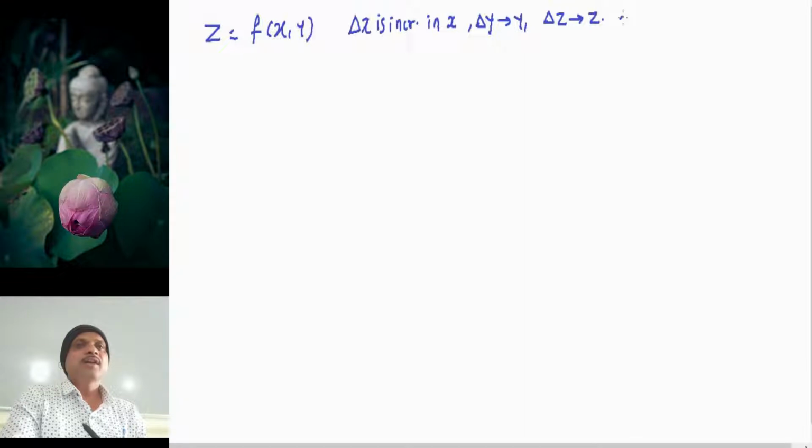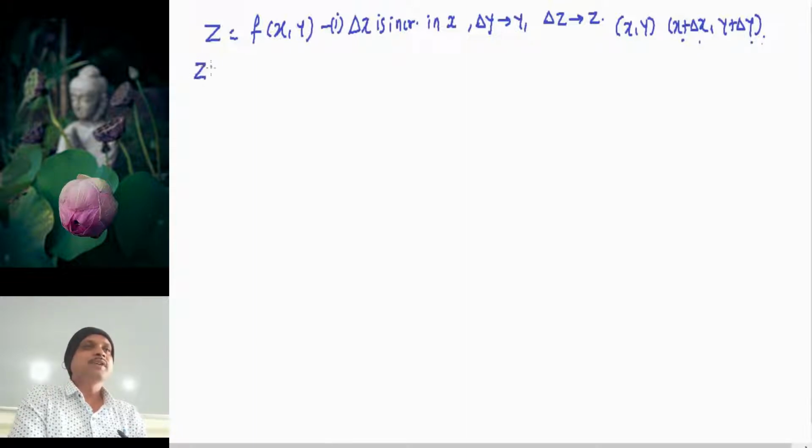So we are considering two neighboring points, x and y, and x plus delta x and y plus delta y. At this point, x plus delta x and y plus delta y, there is an increment in z. So if we take this as equation number 1, then z plus delta z equal to f of x plus delta x comma y plus delta y, as equation 2.